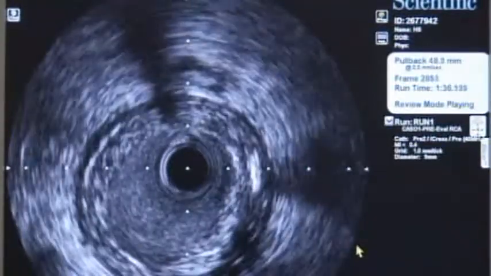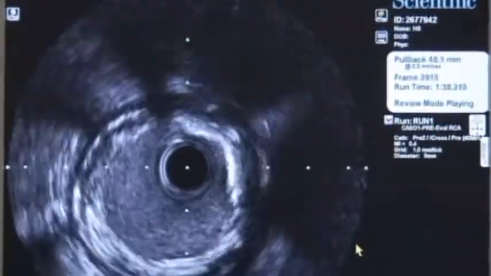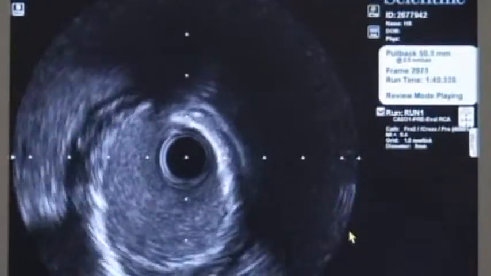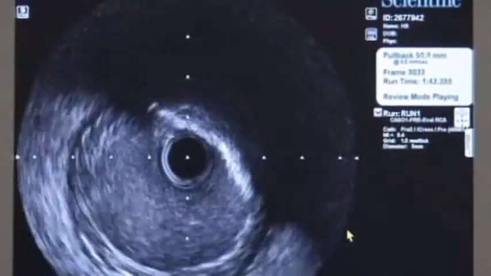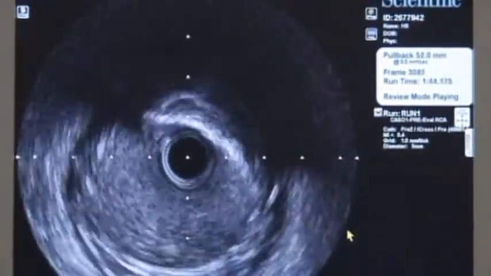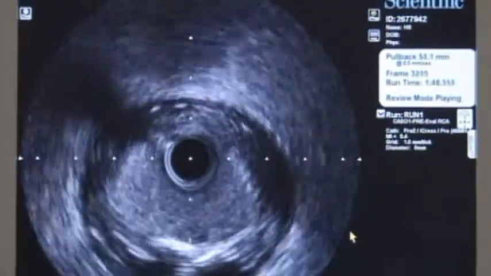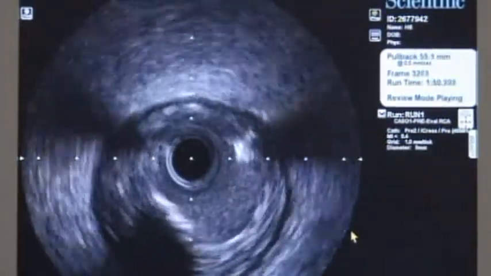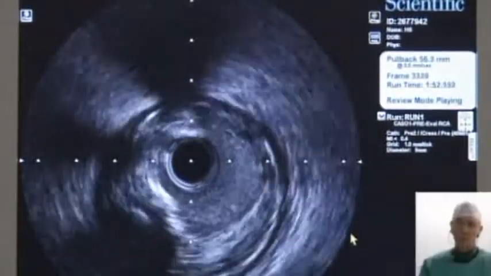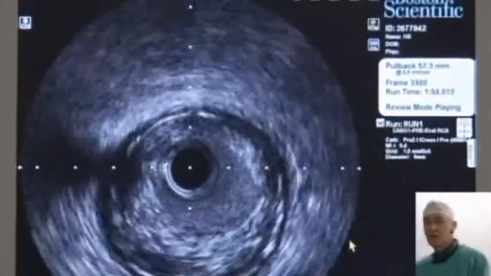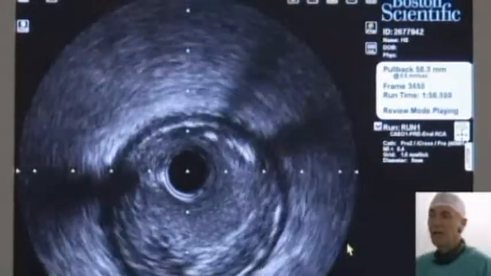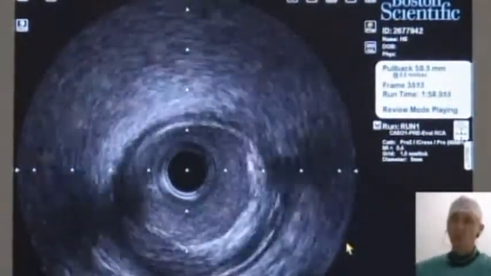Okay, we have done the following. We have pre-dilated these lesions with a 2.0 balloon, and we implanted Ion stents. Ion is a new stent from Boston Scientific. The alloy is platinum chromium. It has good visibility, as you know.